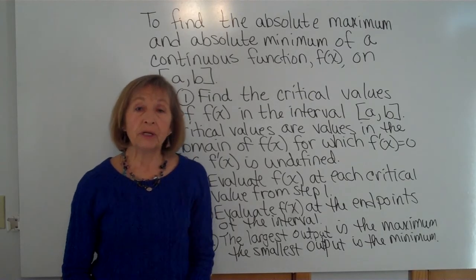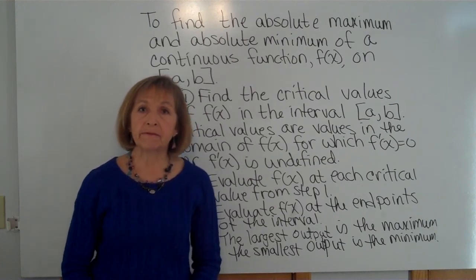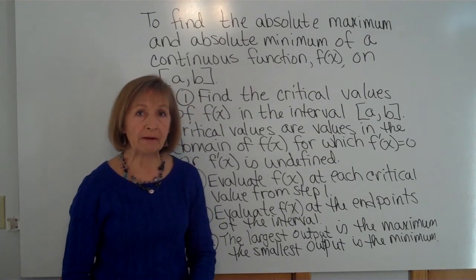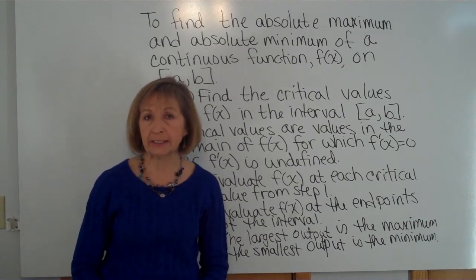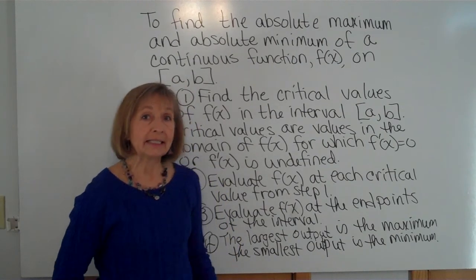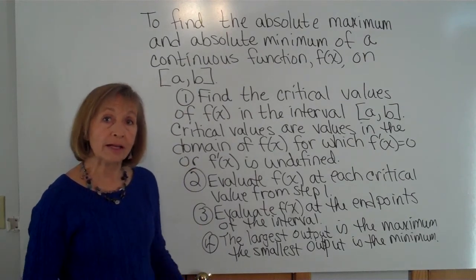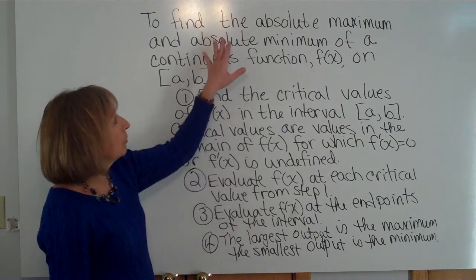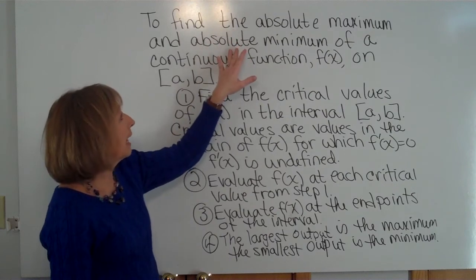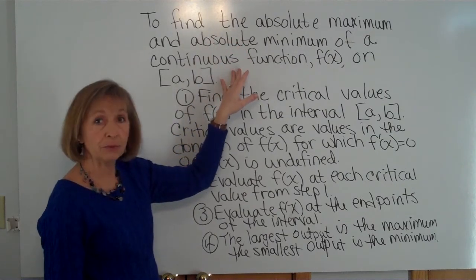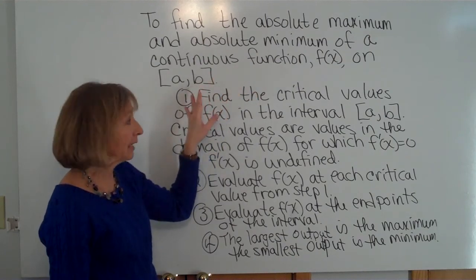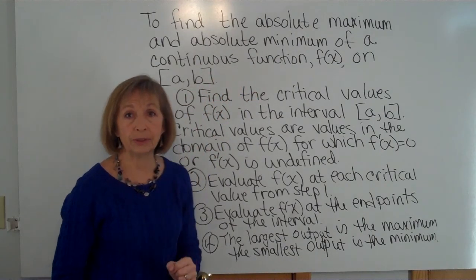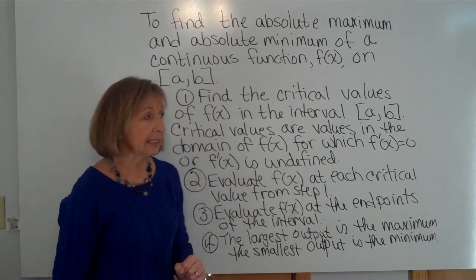Now, we said that we would have an absolute max function value and an absolute min function value on a closed interval for a continuous function, but we didn't say how to find it. Here's how you actually go through the process in order to find it. So to find your absolute maximum and absolute minimum value of a continuous function f of x on a closed interval from a to b, you first find the critical values of the function.